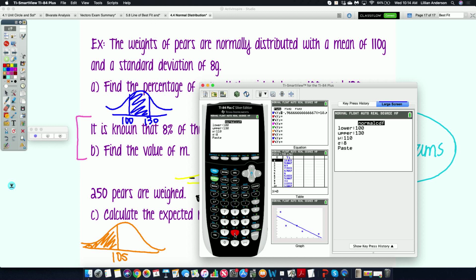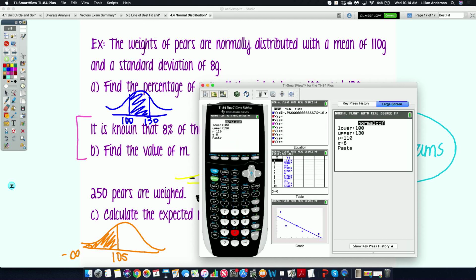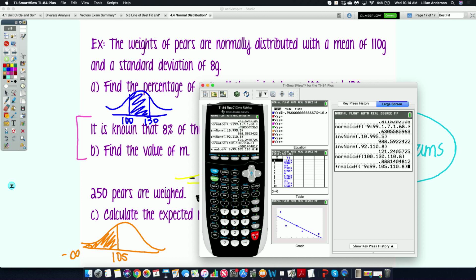My lower bound is negative infinity, so I want to make sure that I use a really, really small number. So remember that's negative 9e to the 99. My upper boundary is 105. My mean and standard deviation have not changed. So this is going to be my probability. Now, because I have to multiply that by my number, I just multiply that by 250.